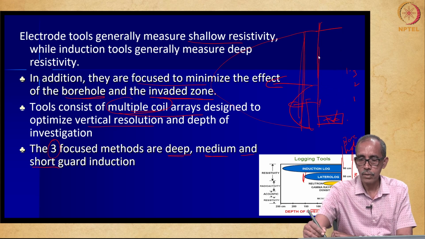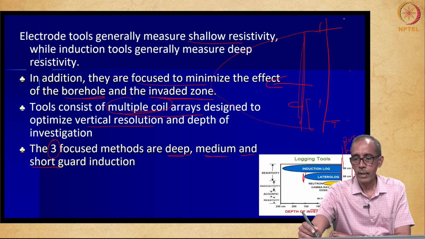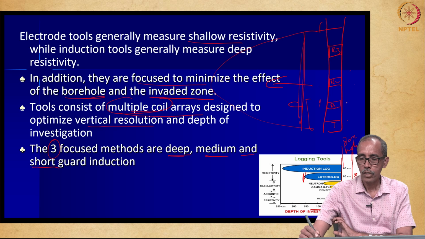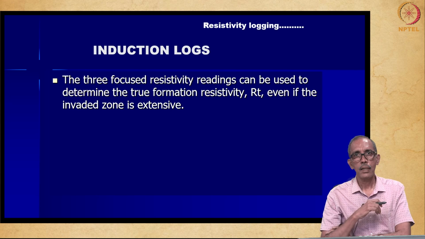I am drawing the instrument which is the sonde. It will have a transmitter here at the bottom, then we will have receiver 1, receiver 2, then receiver 3. So, this is short, medium and this is deep.